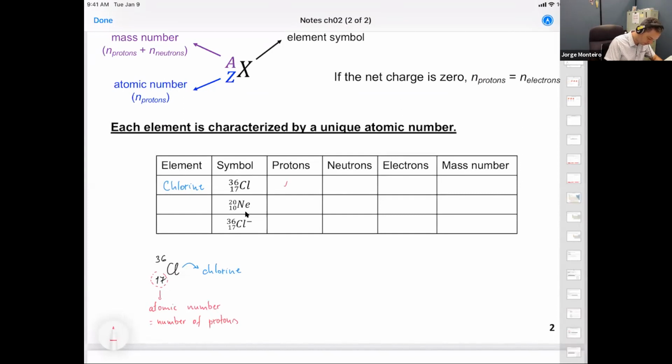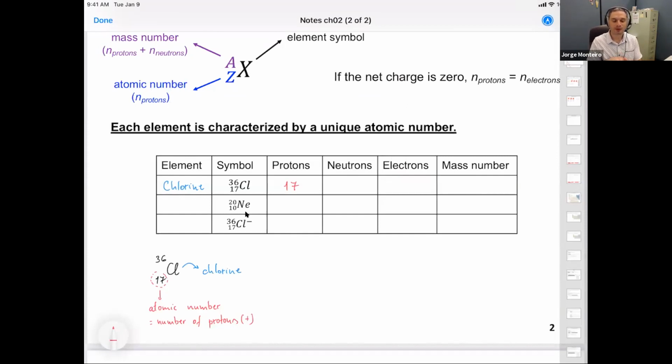So therefore, we can fill up the column here for number of protons. Okay, so right out of the gate, we can get the name of the element and the number of protons. And remember that the number of protons is the number of positive charges.